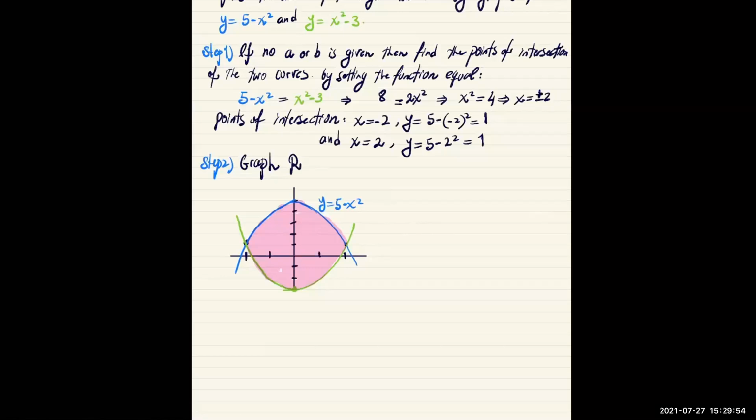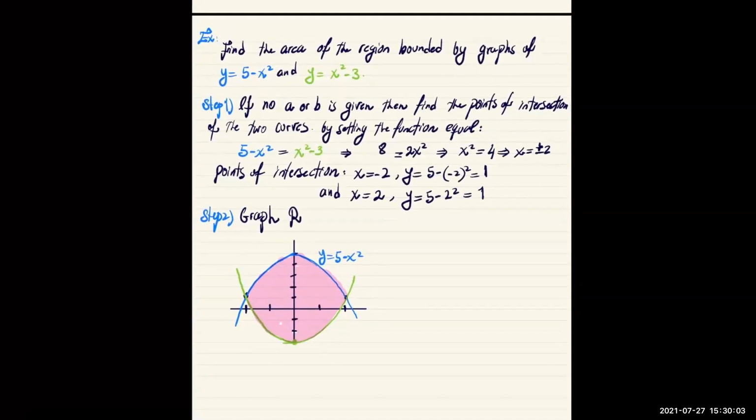Professor? Yeah. Question. So do we have to plug in the points of intersection into only one of the equations? Like here you chose to plug it into 5 minus x squared, but could we have plugged it into x squared minus 3? Yeah, and I did that. I got the same thing. It doesn't matter where you plug these in because we set the two functions equal.